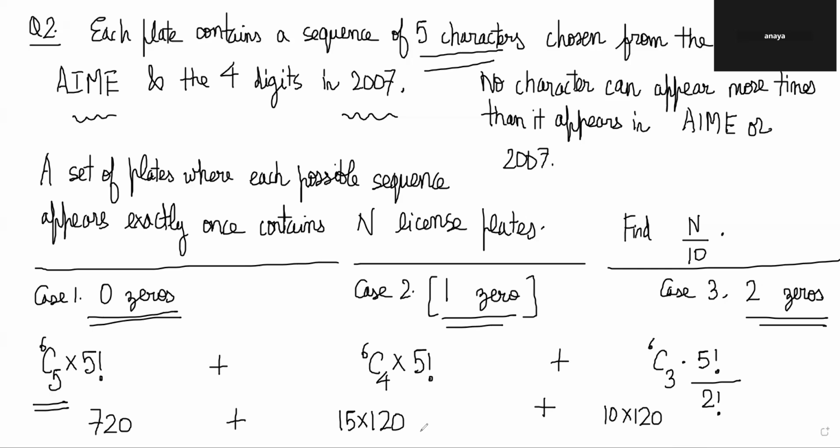I got 720 plus 1800 plus. Oh, that's where my mistake was. I did 20 times 120 instead of 10. Okay, so there is no 2 factorial here. I didn't see that.